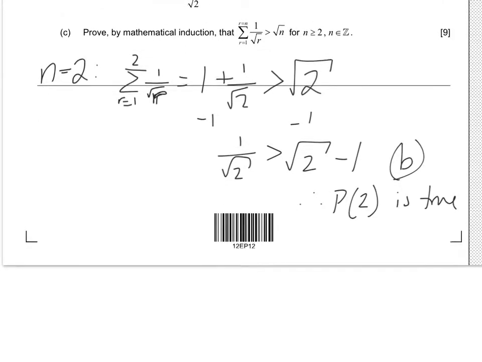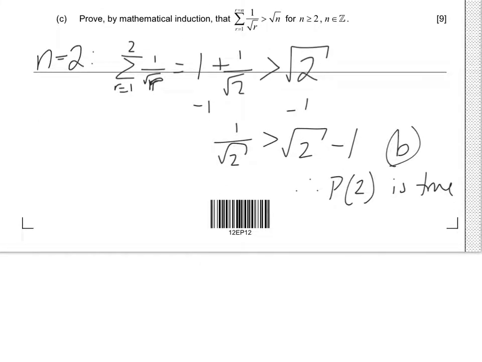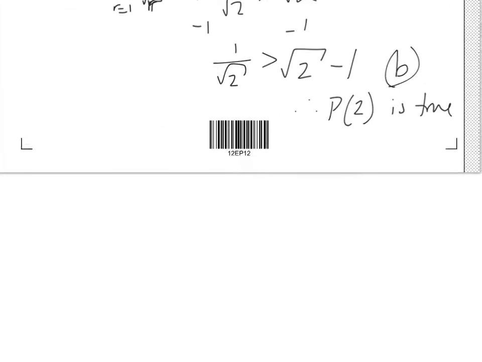Okay, now for the more involved bit. We want to assume that P of k is true. So that is assumed that if you add up all the numbers from 1 to k of 1 over root r, that is bigger than the square root of k.